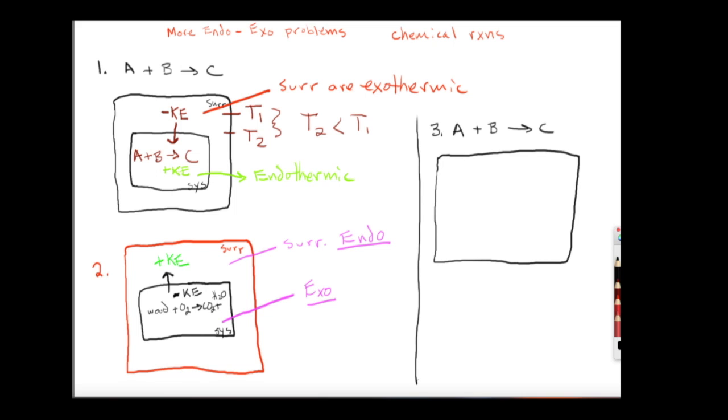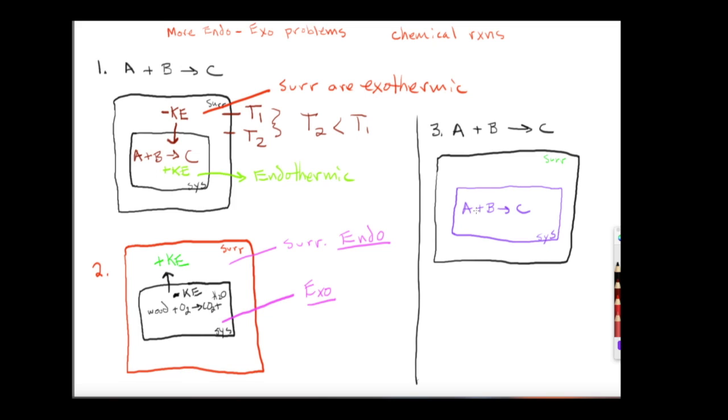And like we've done in all the other problems, this is going to be my surroundings. All right, and inside this we're going to have our system. Hopefully you're getting the hang of this. All right, here's my system. And then the system is the reaction, so we have A plus B going to C.